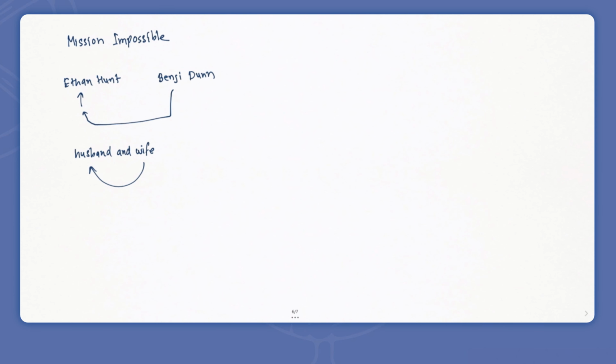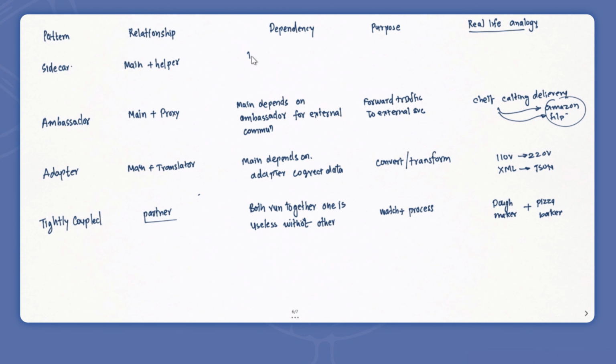We'll summarize: it's like a log feature or proxy and syncing. The main container can do things alone, but the sidecar container enhances it. So it's a feature like log reading, and the burden on the main container can be reduced. Proxy and syncing can also be done. So it's an Ethan Hunt plus Benji combination.